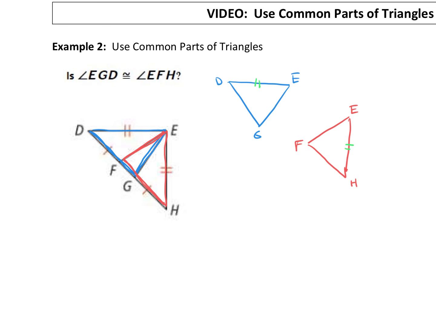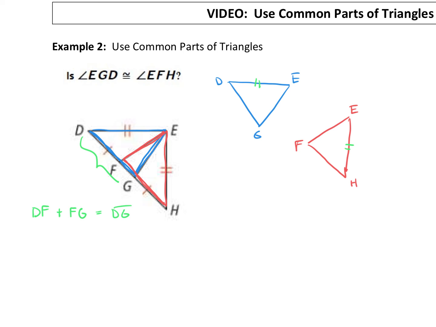So if I were to write this out, we have DF plus FG giving us this whole thing of DG. That's the side of this triangle, DG.